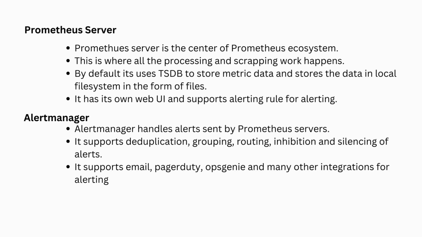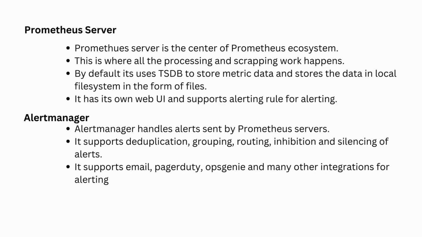Next is grouping. A good part about the alert manager is that whenever you see the alert or the notification which the alert manager sends, it contains the incidents that occurred in that time. So it groups the incidents into one alert notification, then sends it over whichever medium you have configured.